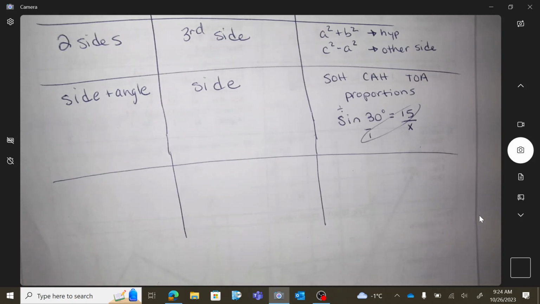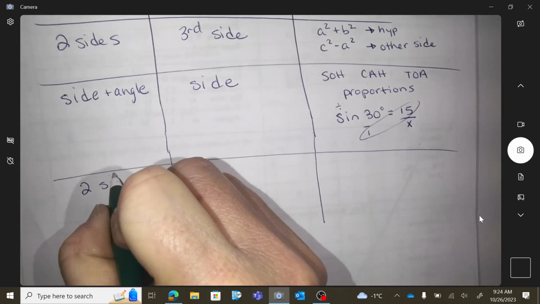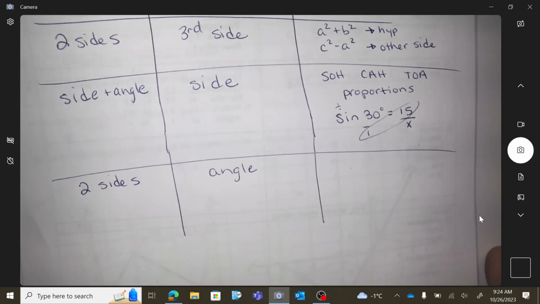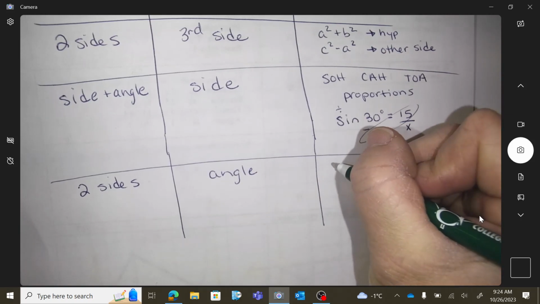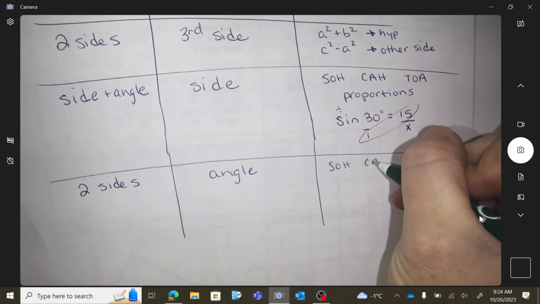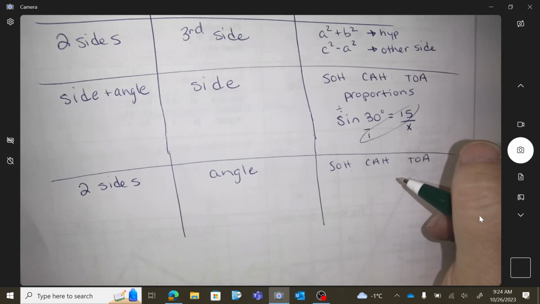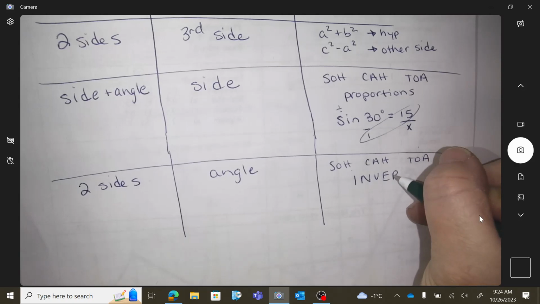And now the third thing we've learned is if we have 2 sides and we want an angle, then we're doing SOHCAHTOA stuff and we're doing the inverse.